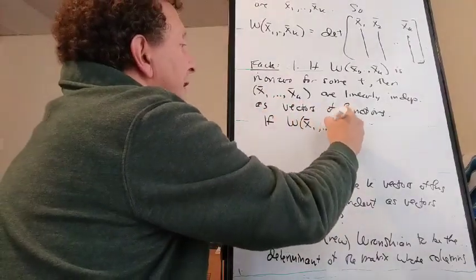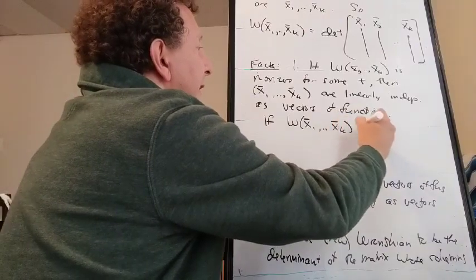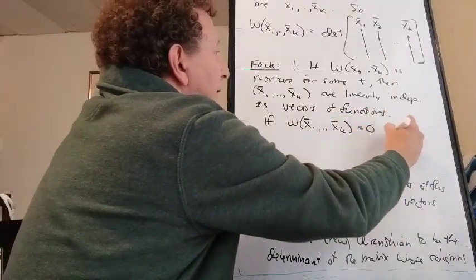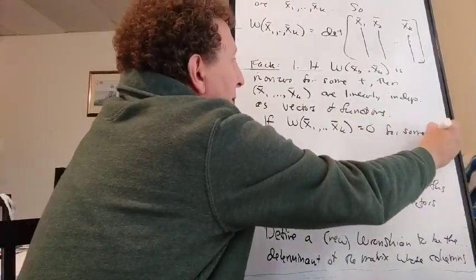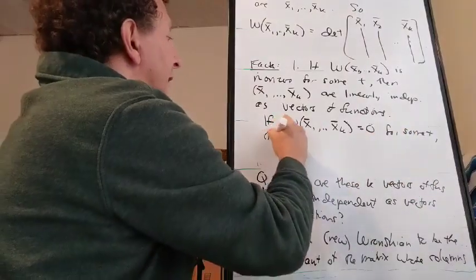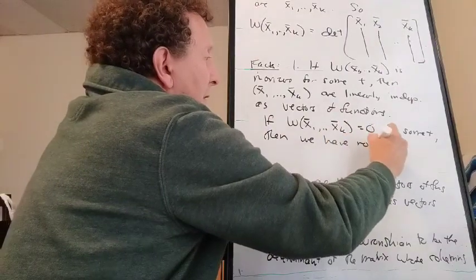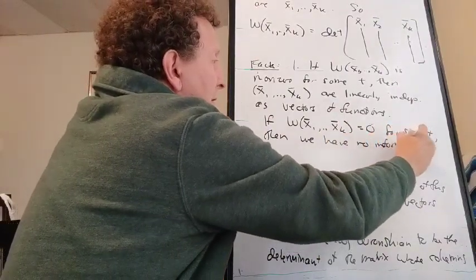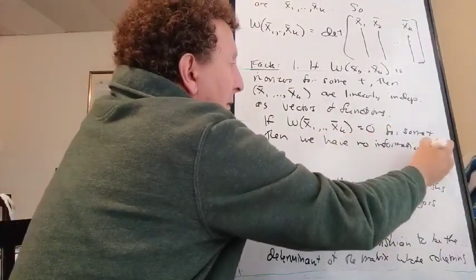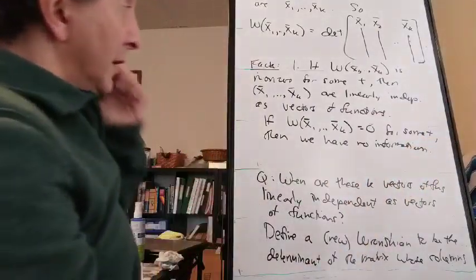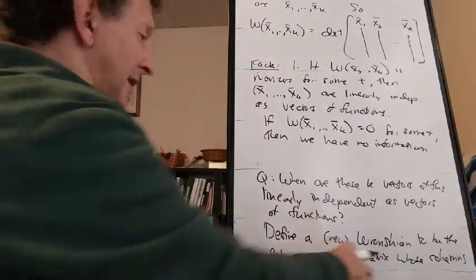On the other hand, if we take the Wronskian and this is 0 for some t, then we have no information. So maybe they're linearly independent, maybe they're not.